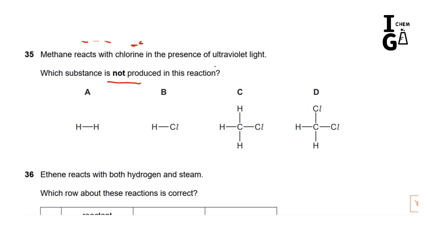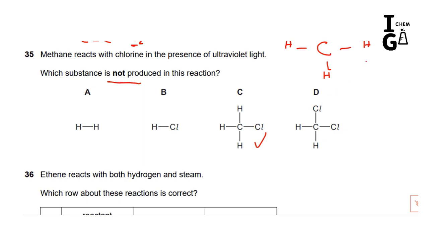Substitution means that, in the case of, for example, chlorine, chlorine can substitute only hydrogen. So methane, CH4. If one Cl atom substitutes one H, it forms this. This one can be, because he said which substance is not. So this is not the answer.